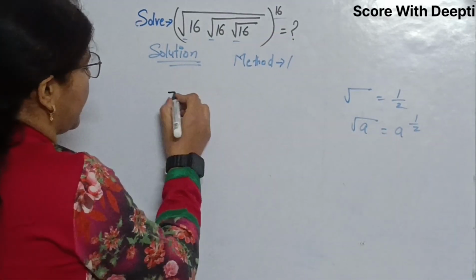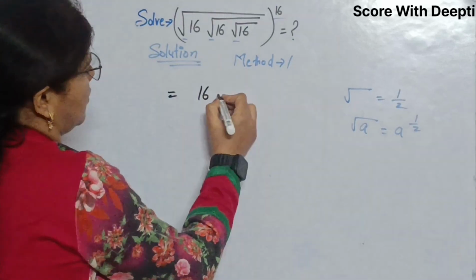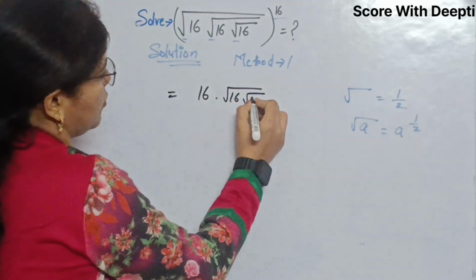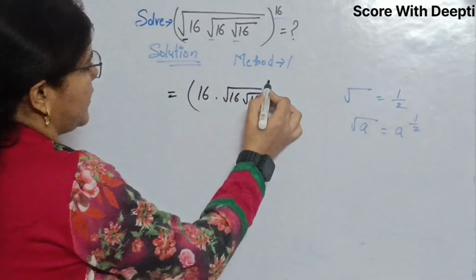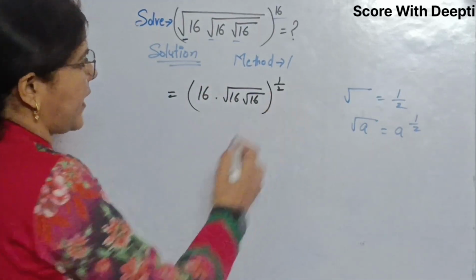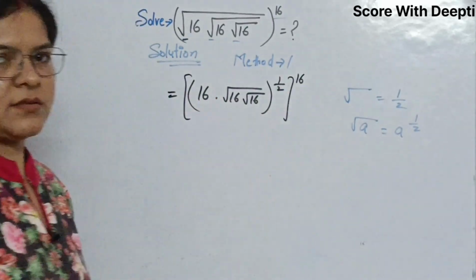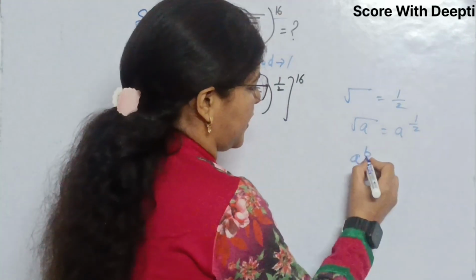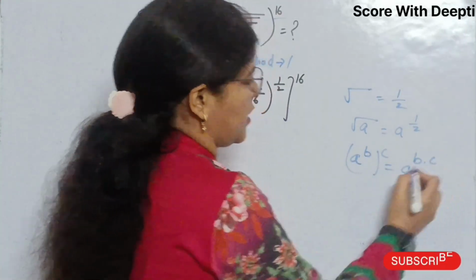Now first we will write 16 into the square root of 16 under the square root, 16. In place of the outer square root, we will write 1 by 2 as an exponent to the whole power 16, as it is. Next, if we have a to the power b to the whole power c, then it is equal to a to the power b into c.